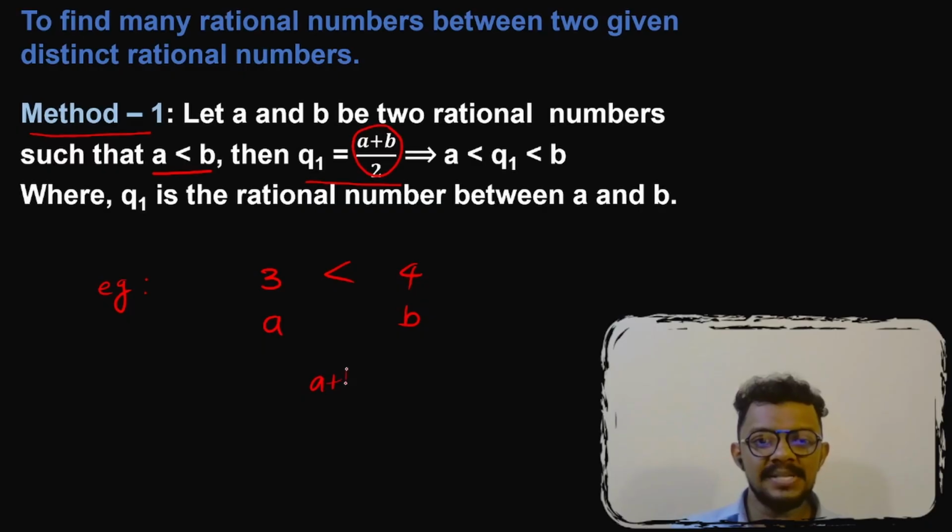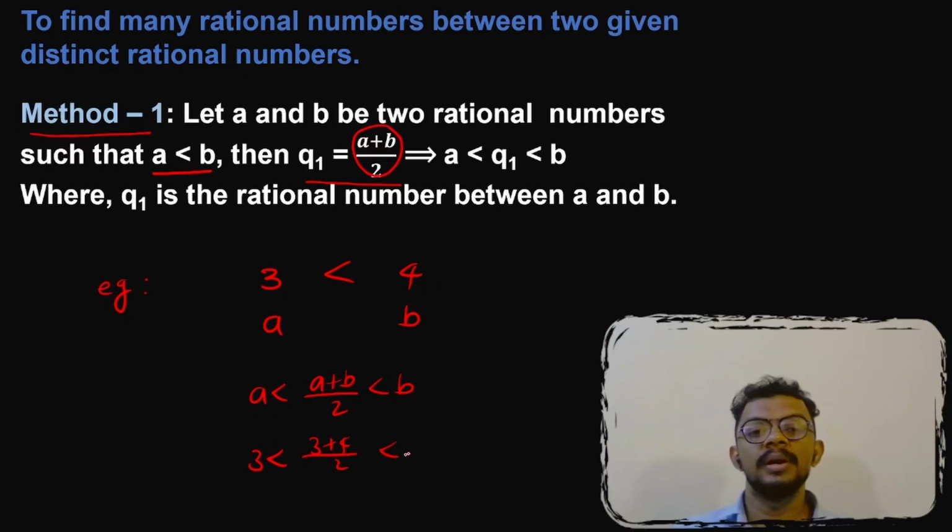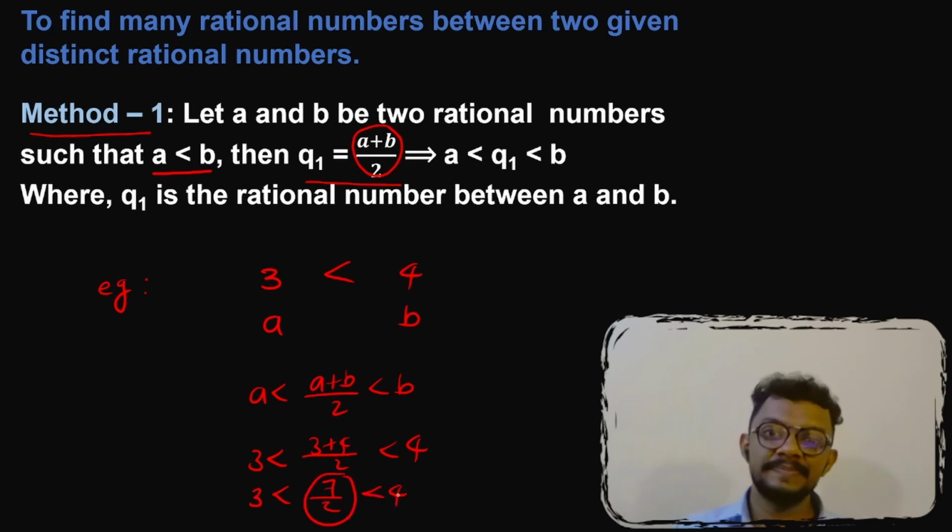A plus B by 2 will always be between A and B. So 3 plus 4 by 2 is 7 by 2. Understand, 3 is less than 7 by 2, which is less than 4. I found a rational number between 3 and 4.